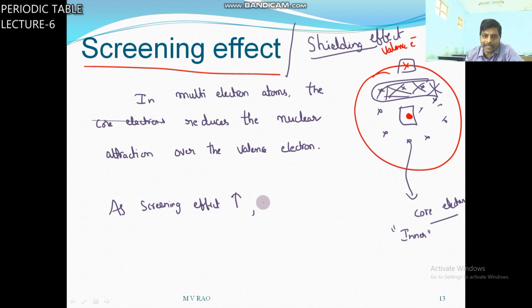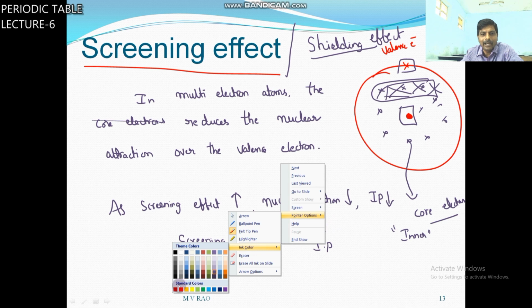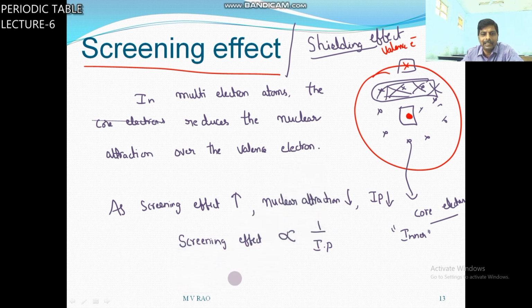As the screening effect increases, nuclear attraction decreases, and ionization potential decreases. That means the screening effect is inversely proportional to ionization potential.